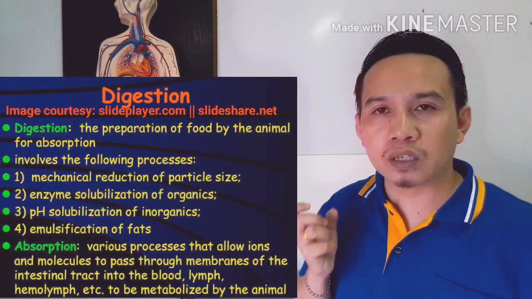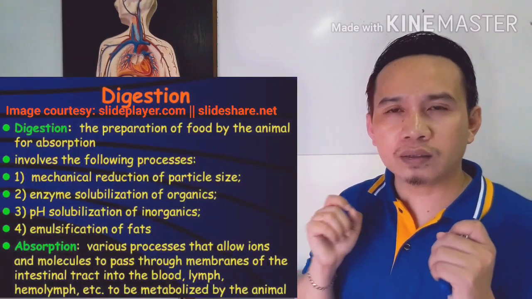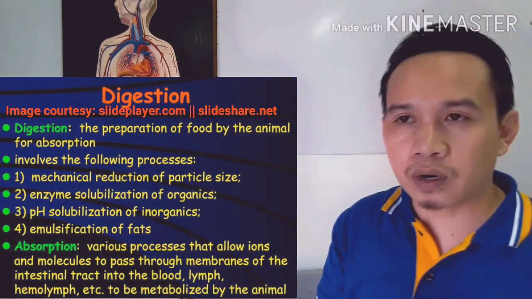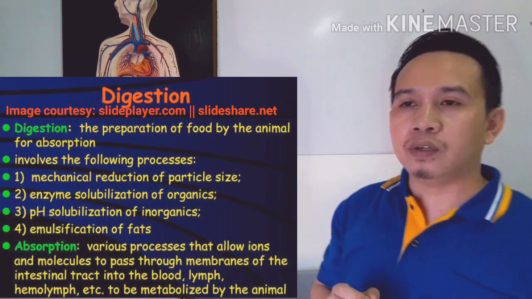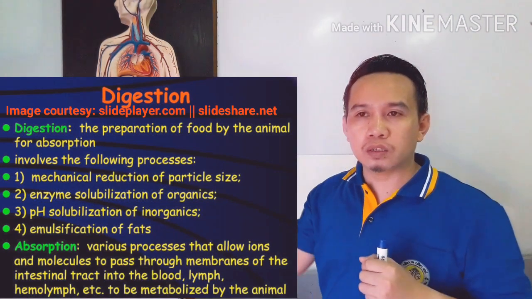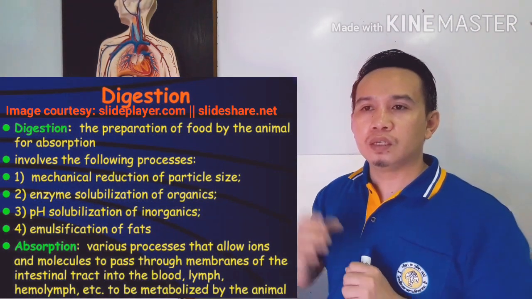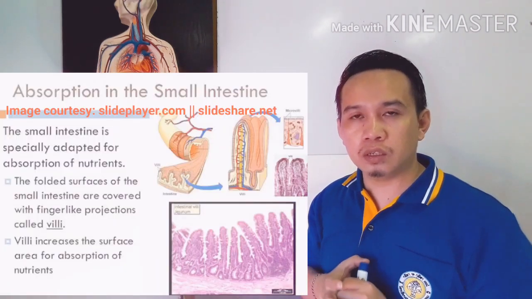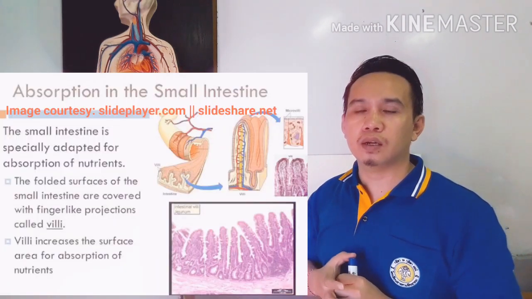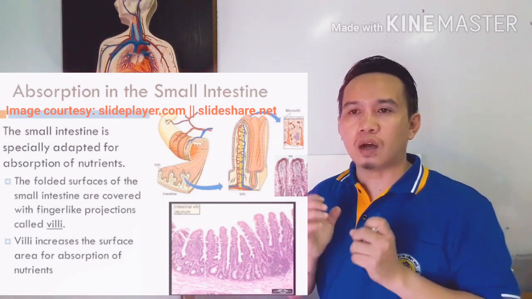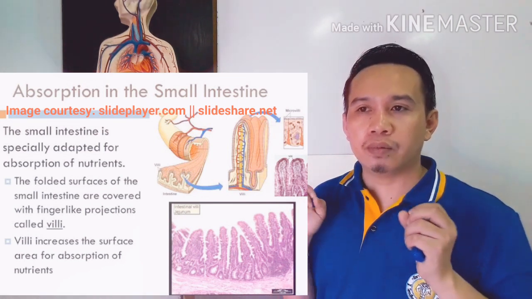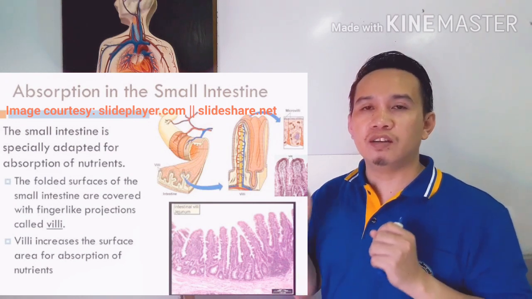Finally, I'm going to explain to you what happens during the absorption of digested food. The digested food is absorbed through the walls of the small intestine into the blood capillaries due to diffusion, right? The internal wall of the small intestine is covered with tiny finger-like projections called villi.